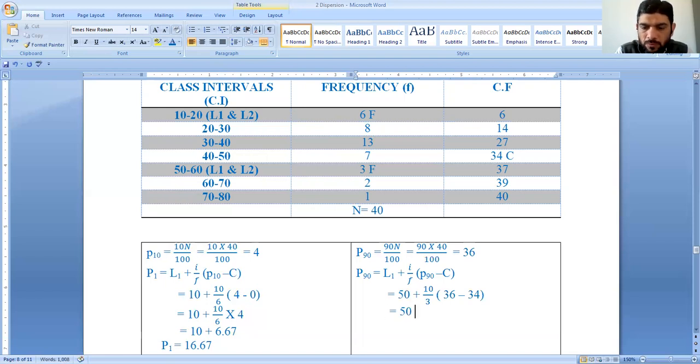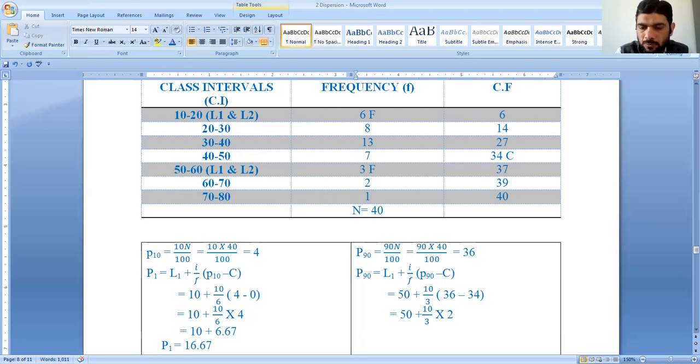It will be 50 plus 10 upon 3 multiplied by 2.